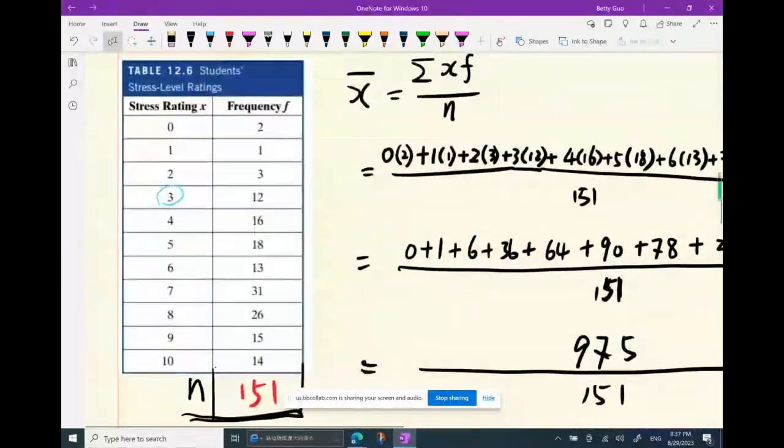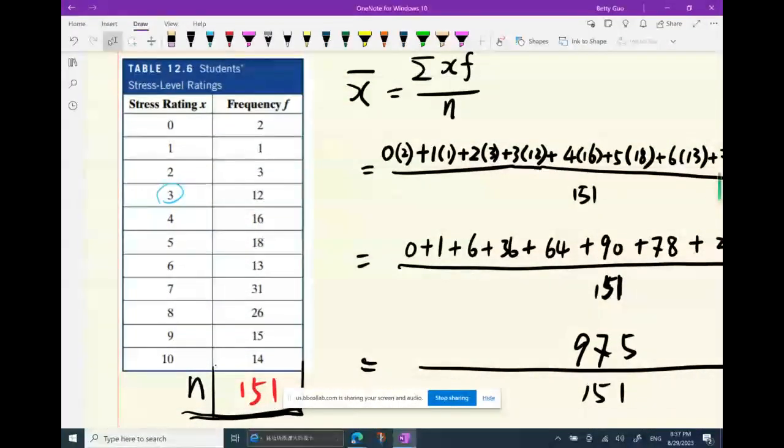For example, here, the stress reading problem, example 2 we had earlier. Which value has the biggest frequency? Number 7. Yeah, exactly. What's its frequency? Perfect.